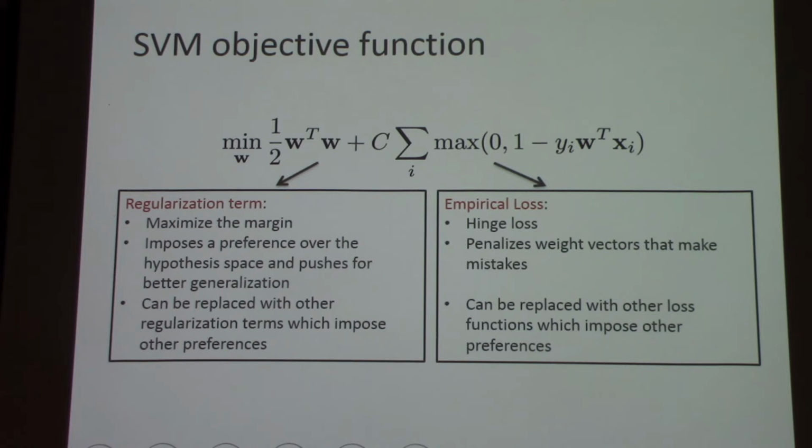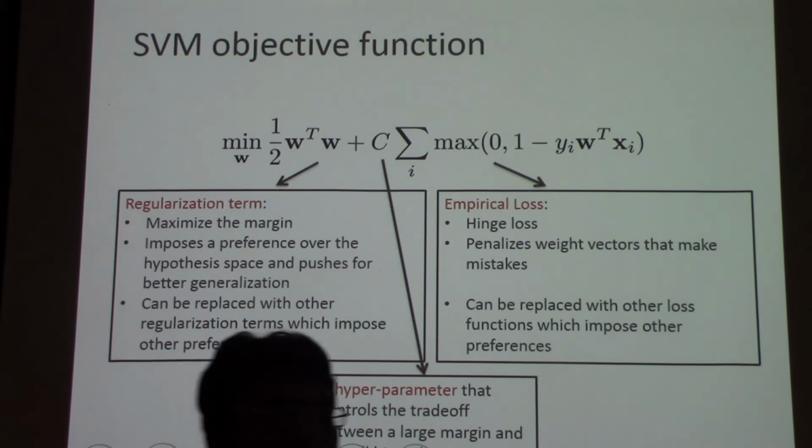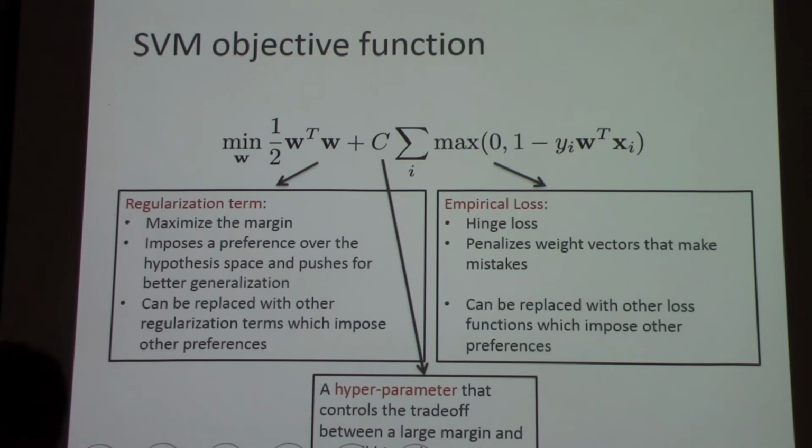So we need this trade-off term, the hyperparameter C here, that trades off between these, which you as the designer of this optimization or as a user of this algorithm will decide either using some domain knowledge or, more preferably, by cross-validation. Questions about this?